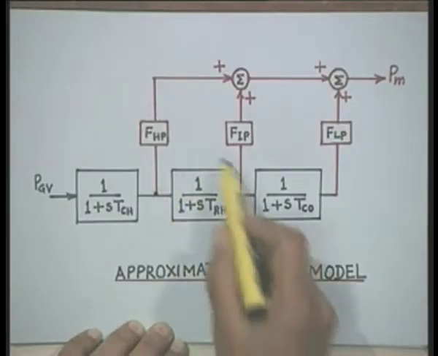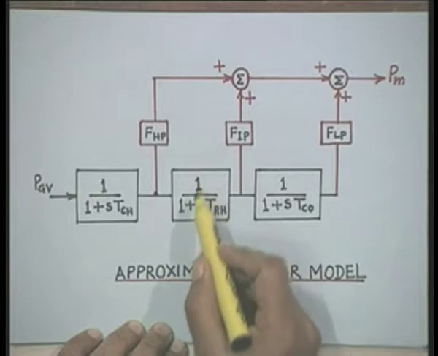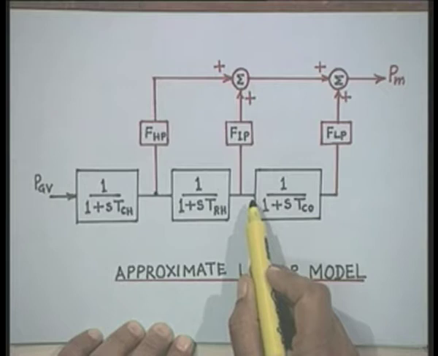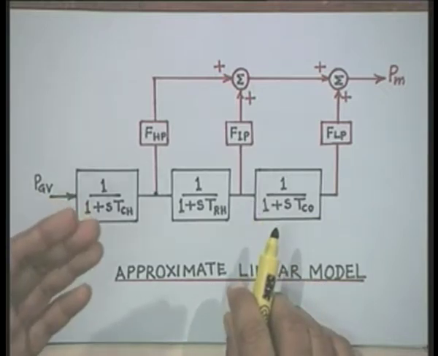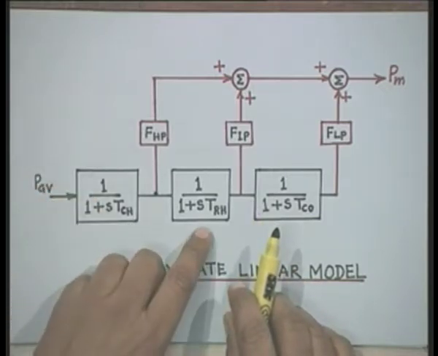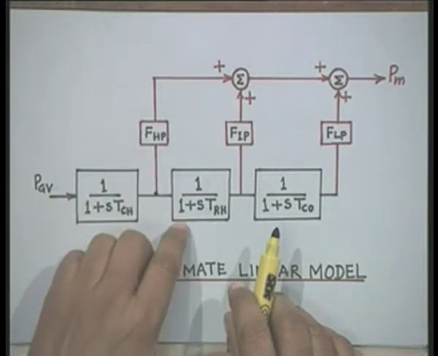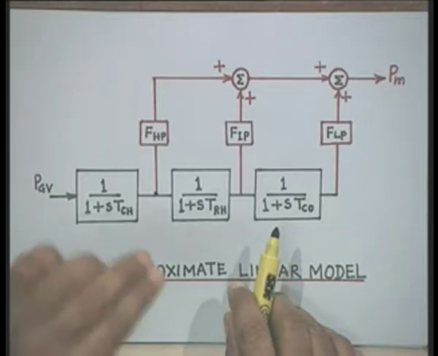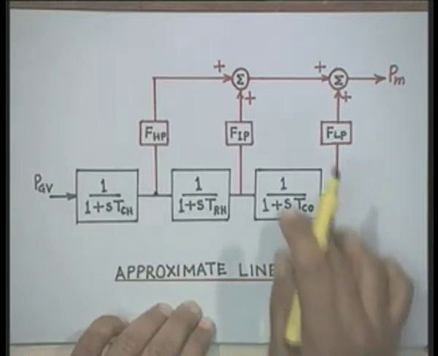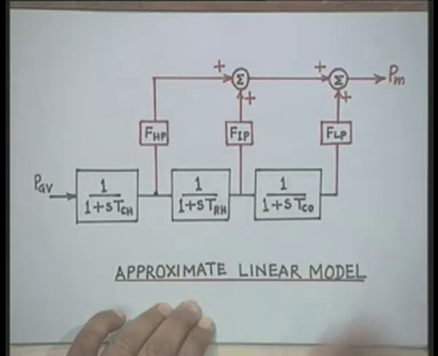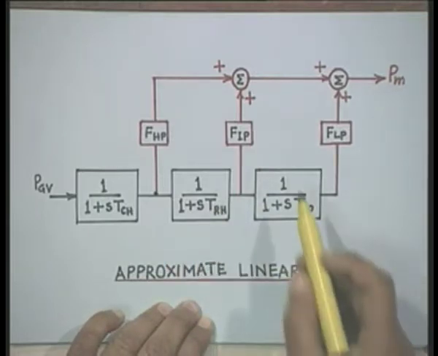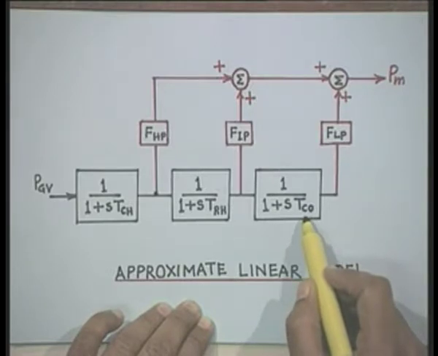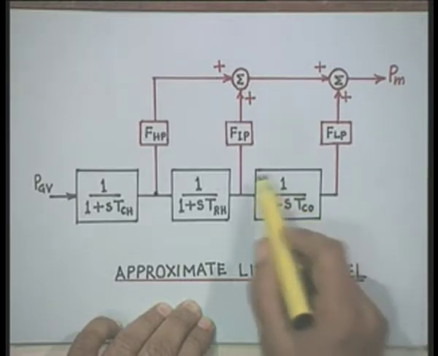We represent this reheater separately as 1 upon 1 plus S times TRH, and any time constant associated with the intermediate pressure section is included in the reheater. Then at the end we have crossover pipings and the low pressure section, represented by one more time constant called TCO. CO stands for crossover pipings.